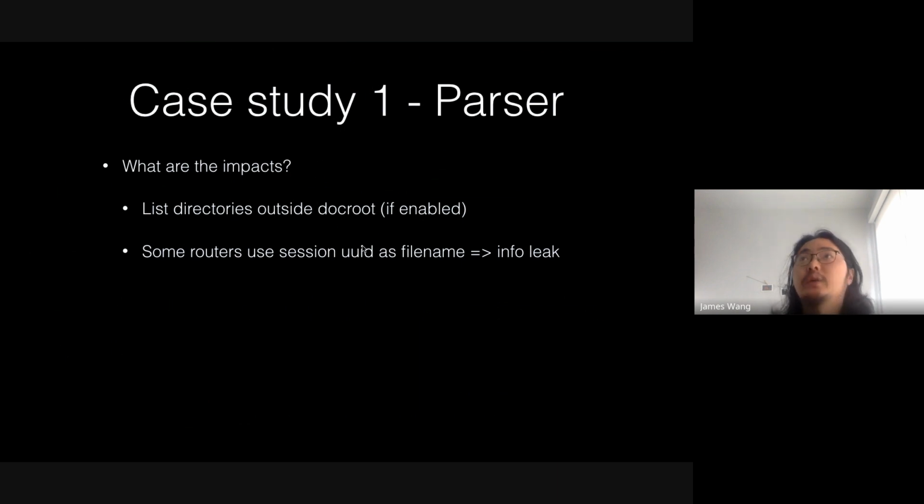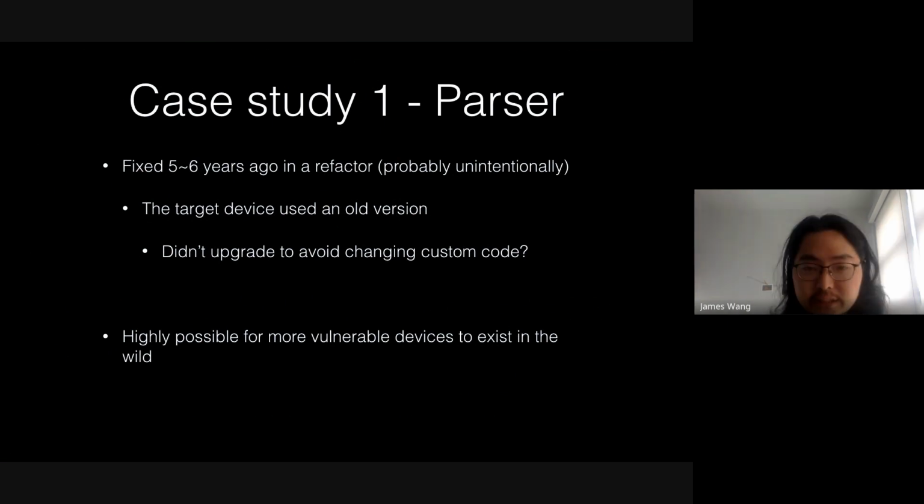By listing the directories, you can easily get access to that information. And this might be helpful in further attacking the device or whatever you're trying to do. So yeah, that's the first case study we're looking at.